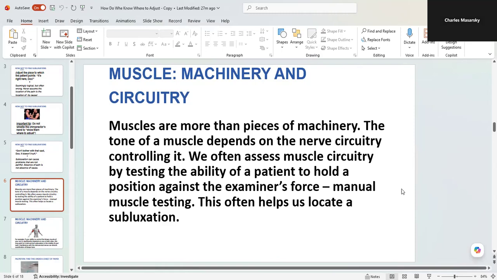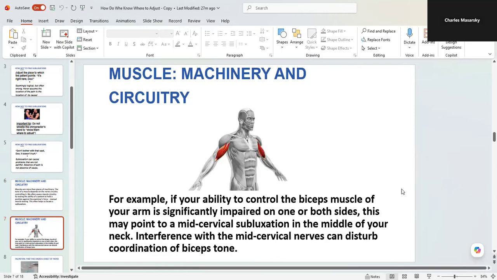This often helps us locate a subluxation. To give you a specific example, if your ability to control the biceps muscle of your arm is significantly impaired on one or both sides, this may point to a mid-cervical subluxation, which would be located in the middle of your neck. Interference with the mid-cervical nerves can disturb coordination of biceps tone.